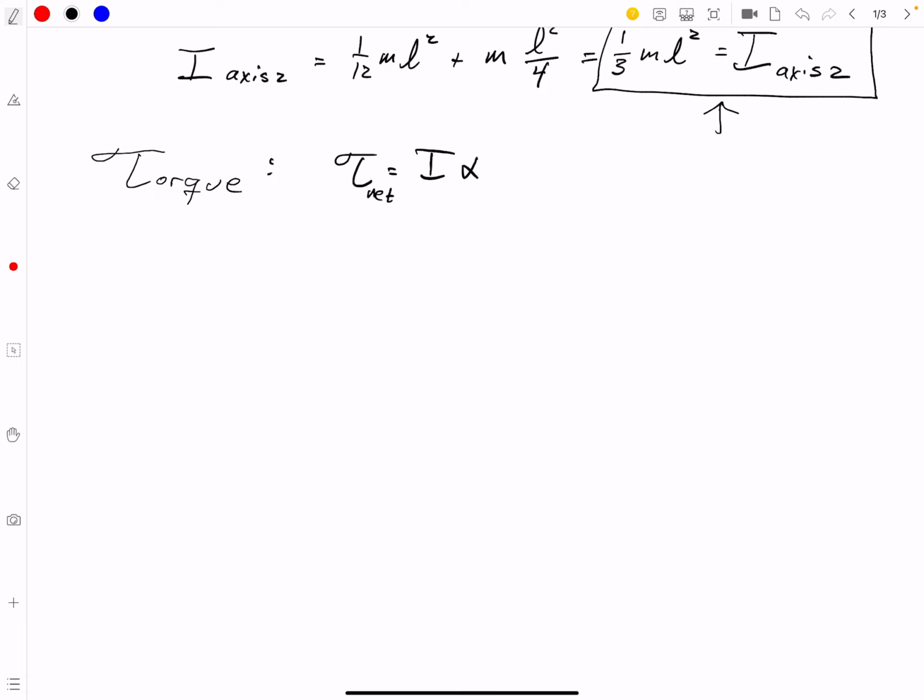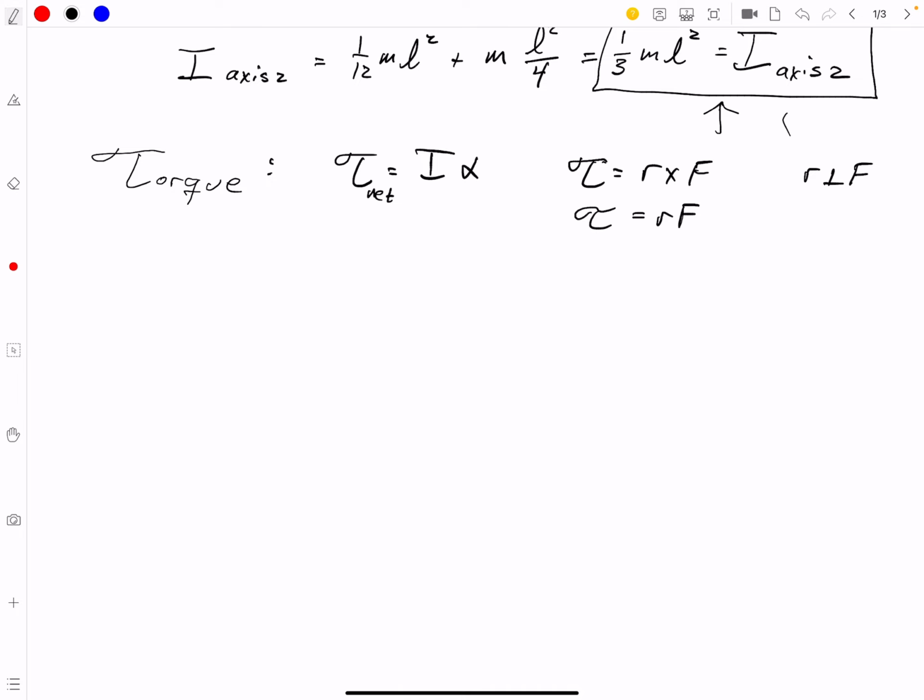But we also have that an individual torque is equal to R cross F. And depending on the nature of them, if R is perpendicular to F, then the torque is equal to RF. But it's not always equal to RF. It's not always perpendicular.